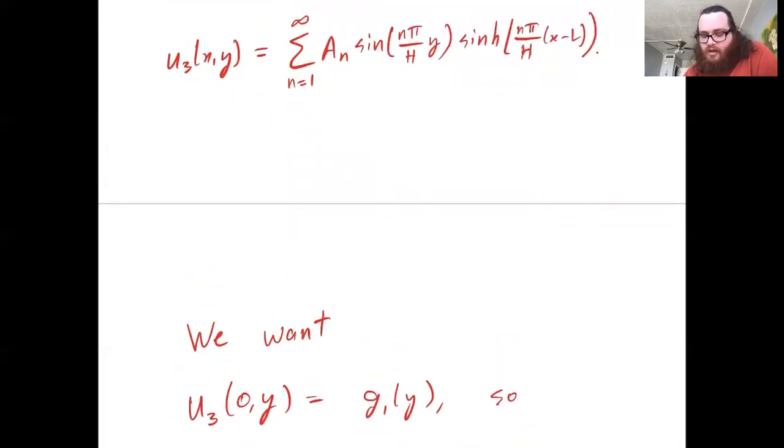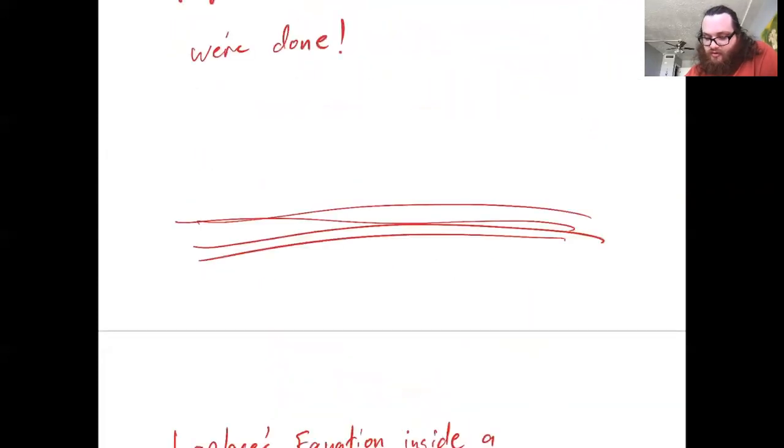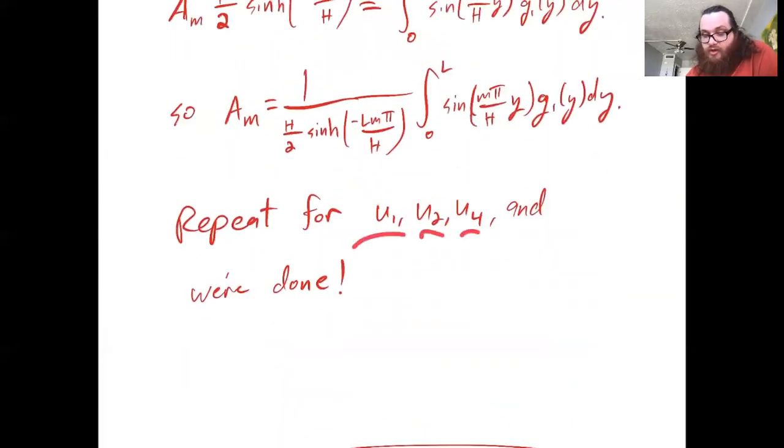So that gives us this u sub 3. The same exact procedure works to get u1, u2, and u4. Once you have u1, u2, u3, u4, add them all up. That's going to solve the PDE, that's going to solve these non-homogeneous boundary conditions, and then you've solved Laplace's problem on a rectangle.